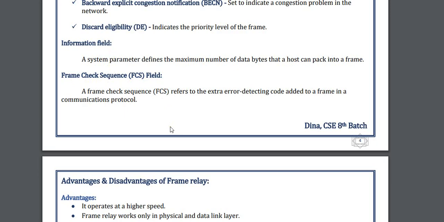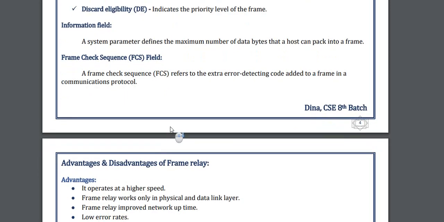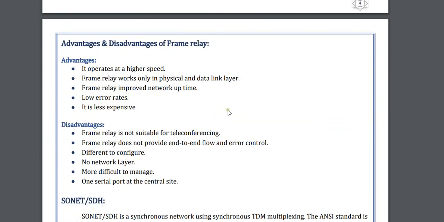The frame check sequence is used to check for errors. The advantages and disadvantages of frame relay are given here. Frame relay is used because it has a lower error rate than X.25. It is less expensive, has two layers, and has higher speed than X.25.